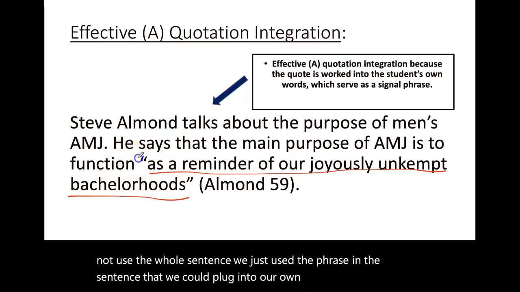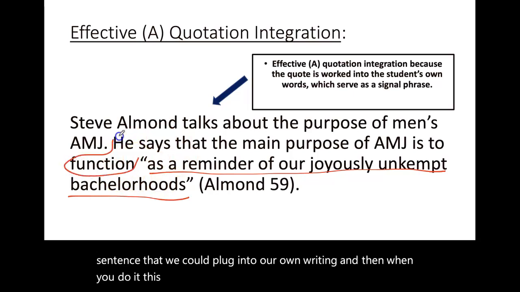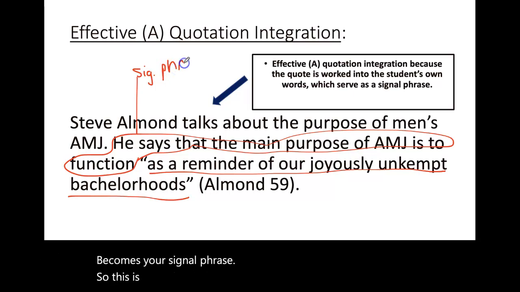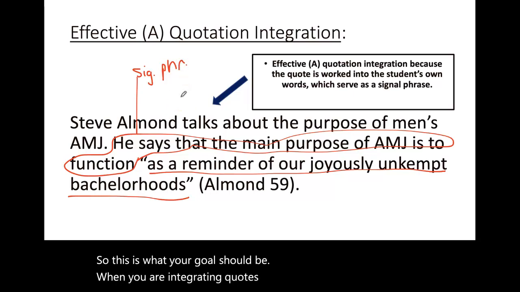And then when you do it this way, all of this stuff here before the quote becomes your signal phrase. So this is what your goal should be when you are integrating quotes into your writing.